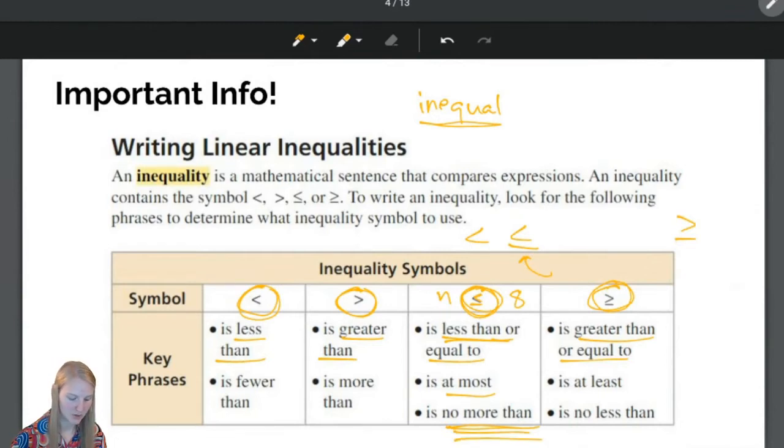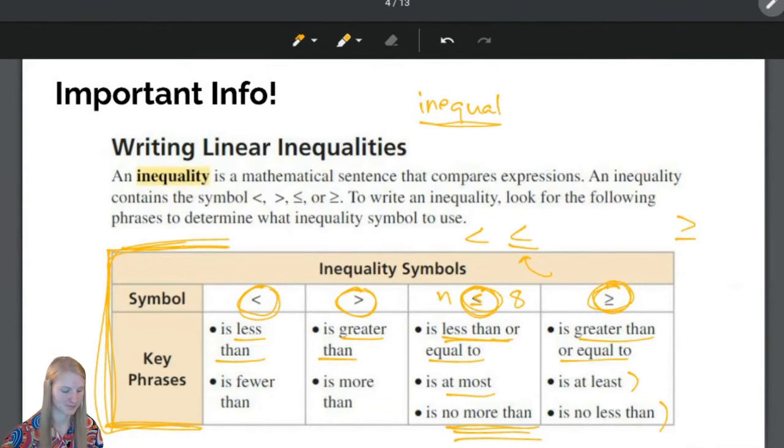So you might also see is at least, is no less than. You might see all of these things for these symbols. So if you want to pause the video and write down everything in this box, that is going to help you throughout this entire chapter. If you're one of my students, you are writing this down. I require that you write it down in your notes. And if your teacher doesn't require it, I still strongly, strongly recommend that you write it down.